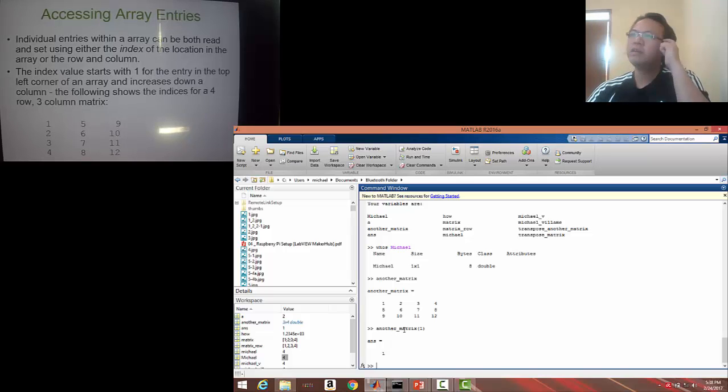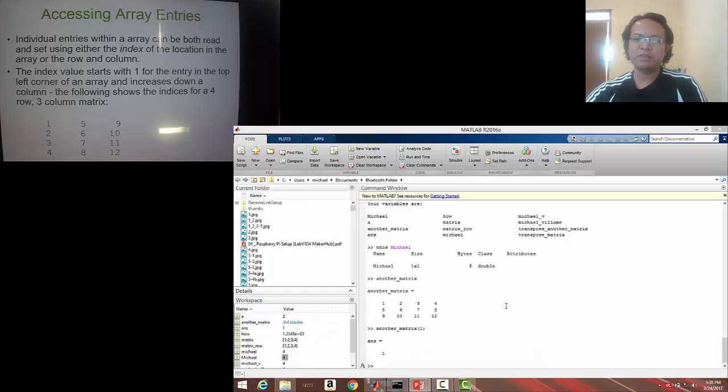So according here, the index value starts with 1 for the entry in the top left corner of an array and increases down a column. So it finishes the first column. After that, it moves to the second column. Okay, so there are some examples here.